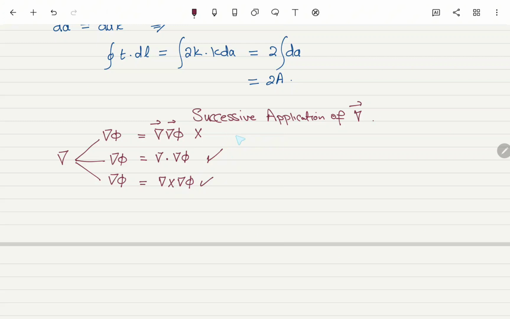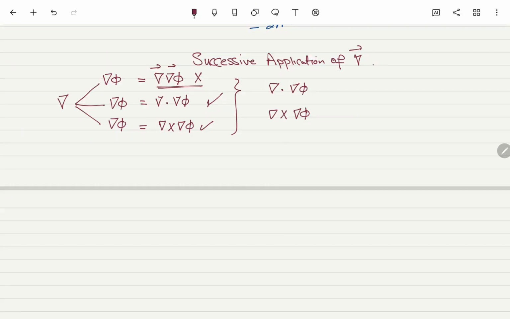So out of the three, we have two possibilities of applying a del operator on the gradient quantity: divergence of the gradient, or curl of the gradient. This one, again, is not possible whatsoever. So let's discuss these two possibilities.